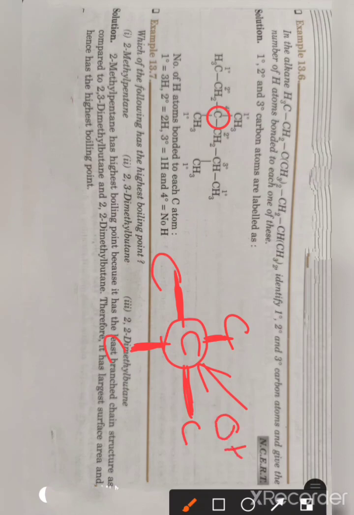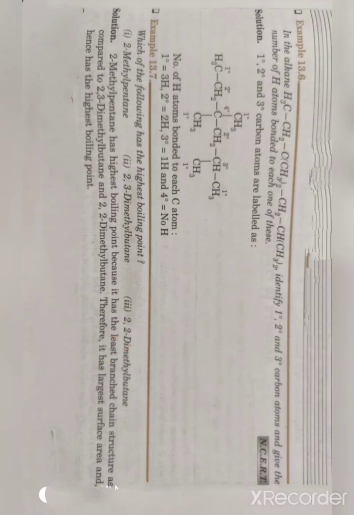So we can write 0 hydrogen. That is what is written here. 4-degree has no hydrogen. It is one of the very important concepts of degree. So better take any example of a branched structure and try in this manner.